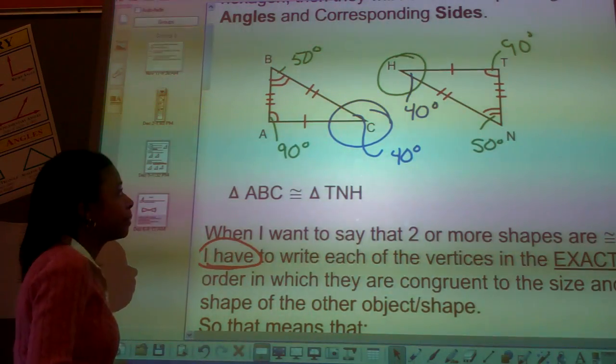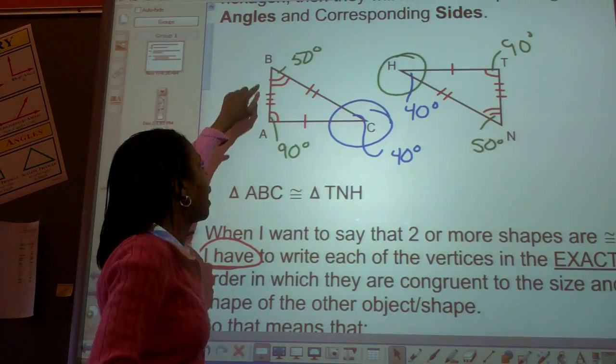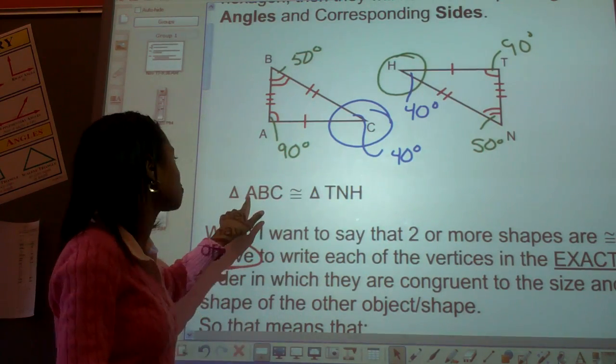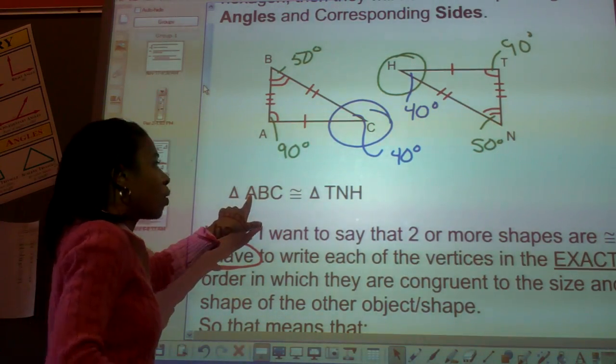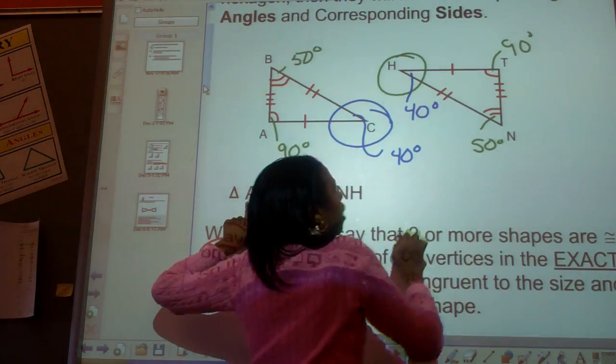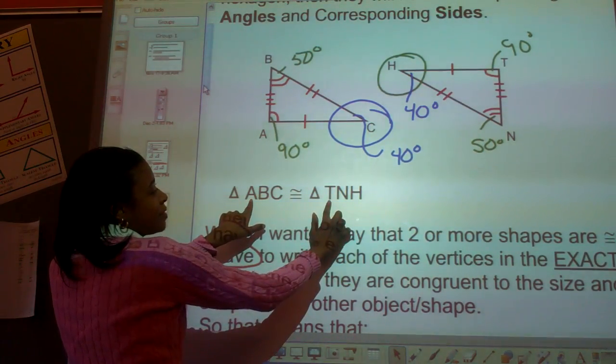So what does that mean? If angle A corresponds to angle T, when I say triangle ABC, I have to write what corresponds to A. Well, what corresponds to angle A? When I look on the other triangle, it's angle T. So I have to write them in the exact position.